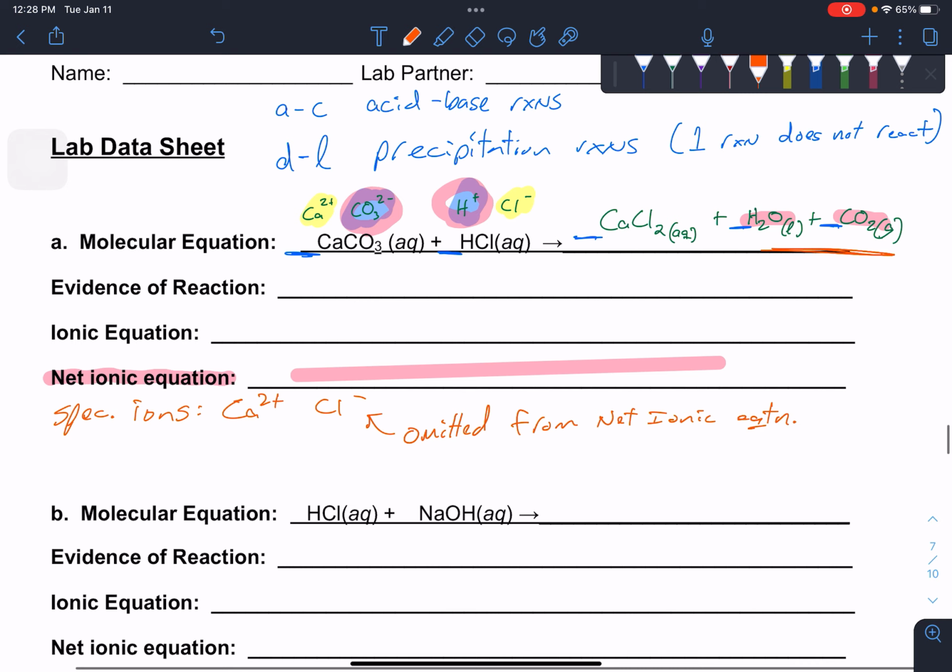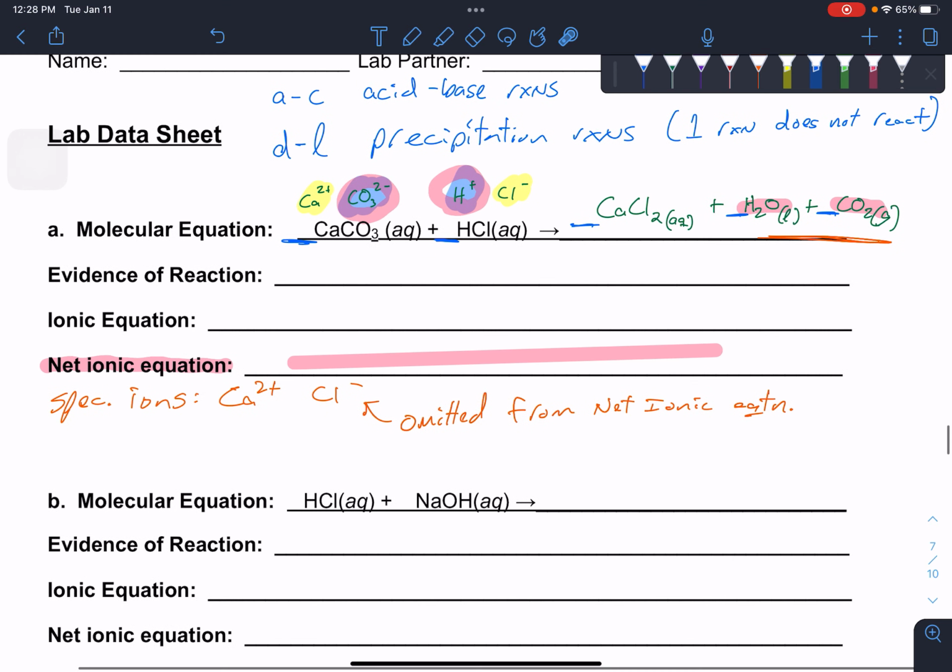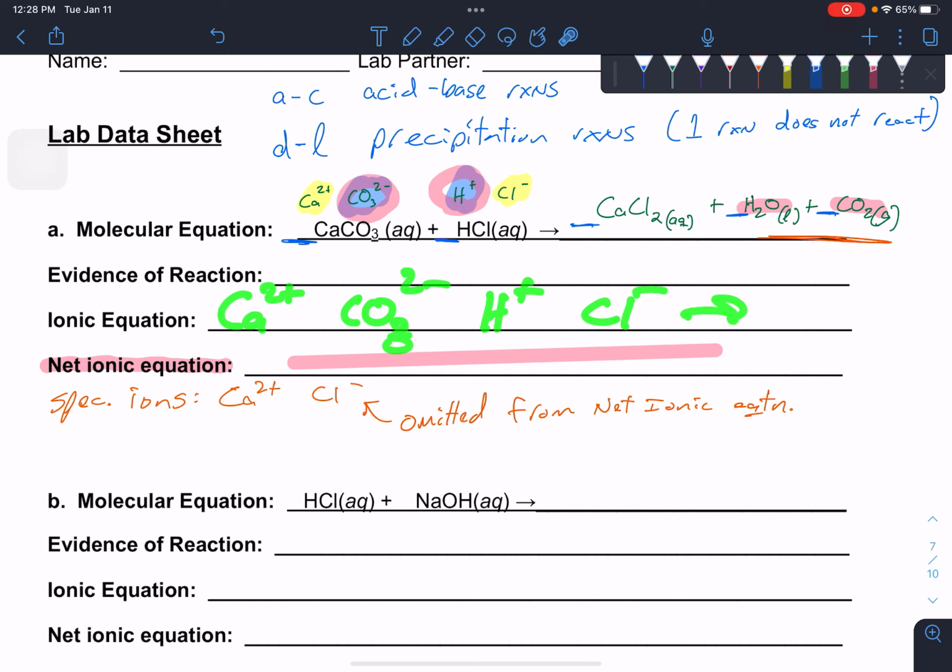Whereas the ionic equation, which again, after this test, no more. You're writing in every single ion.